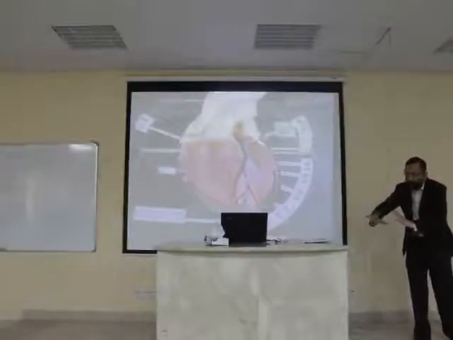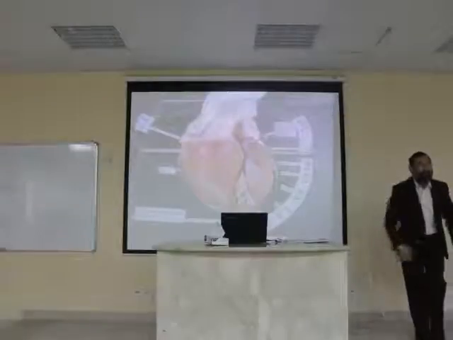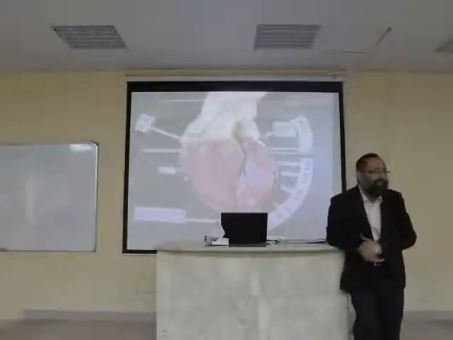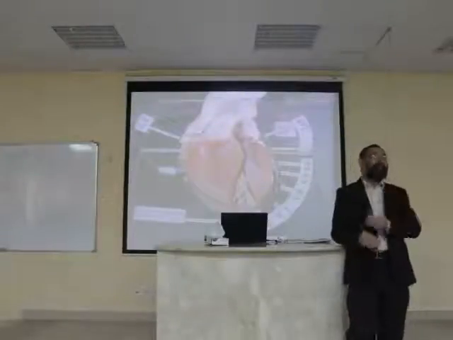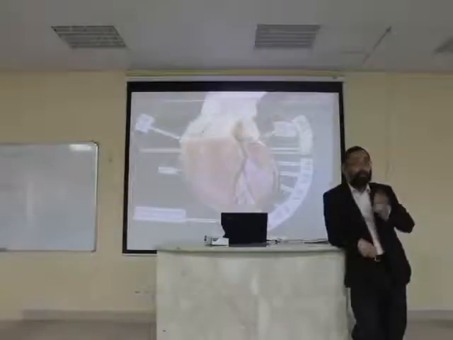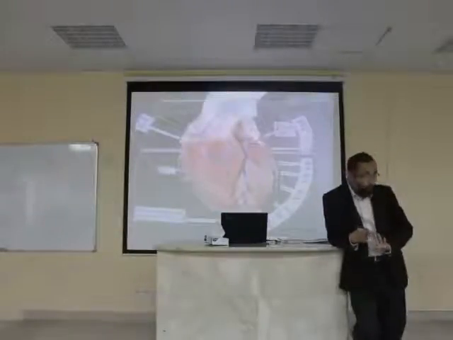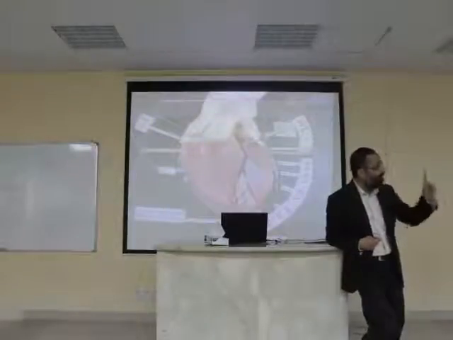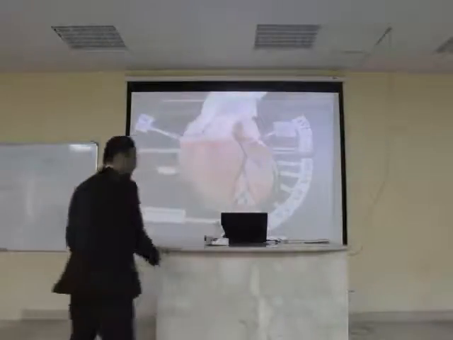So which surface are they covering? The left lateral surface. If I ask how many leads record the left lateral surface activity best, you will say 4 leads. Can you name them? V5, V6, AVL and lead 1. Keep it in mind. Don't forget.